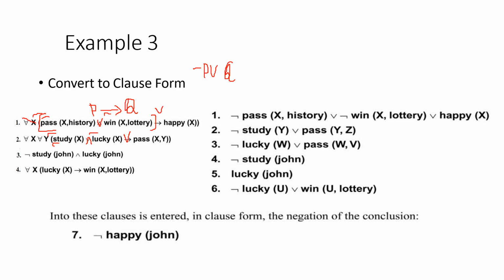Then we can drop the for all x and for all y. Now it is in the form of not p and not q or r. So now this is in the form of p and q or r.